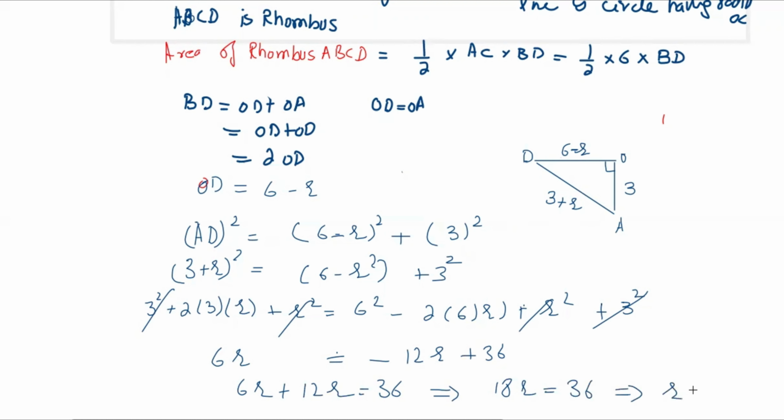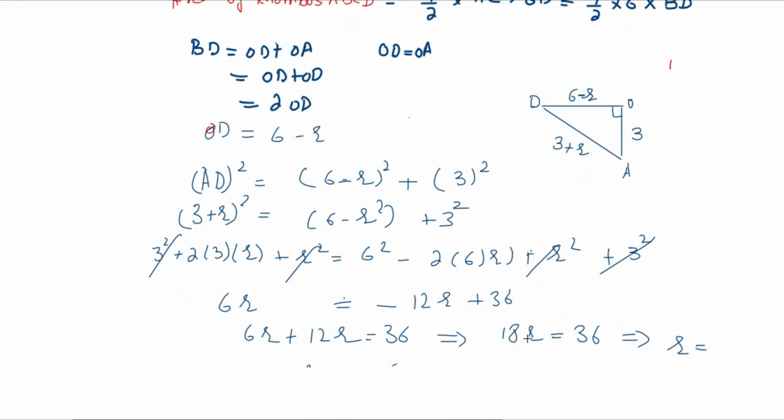Therefore R will be equal to 36 over 18, that is equal to 2. Now we have to find the length of OD. OD will be equal to 6 minus R, that's equal to 6 minus 2, and that is 4. Now the BD length will be equal to 2 times OD. The length of OD is 4, so we can write it as 8.